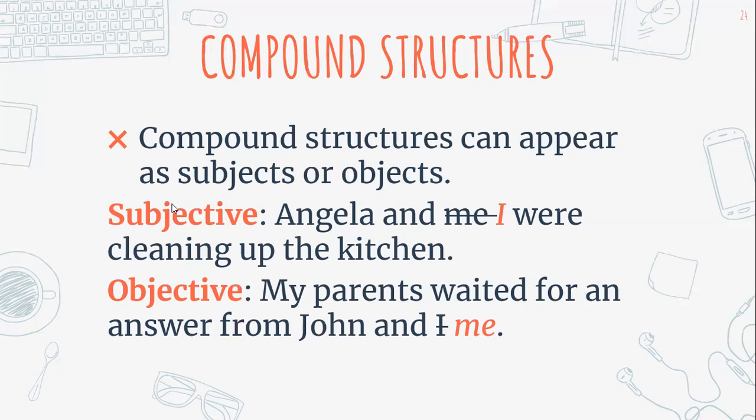And then in the second example, we have the objective case. Originally it said, my parents waited for an answer from John and I. Most times in the objective case, in informal speech, that is where we get messed up as English speakers, because it's easier for us to say I in this case rather than me.